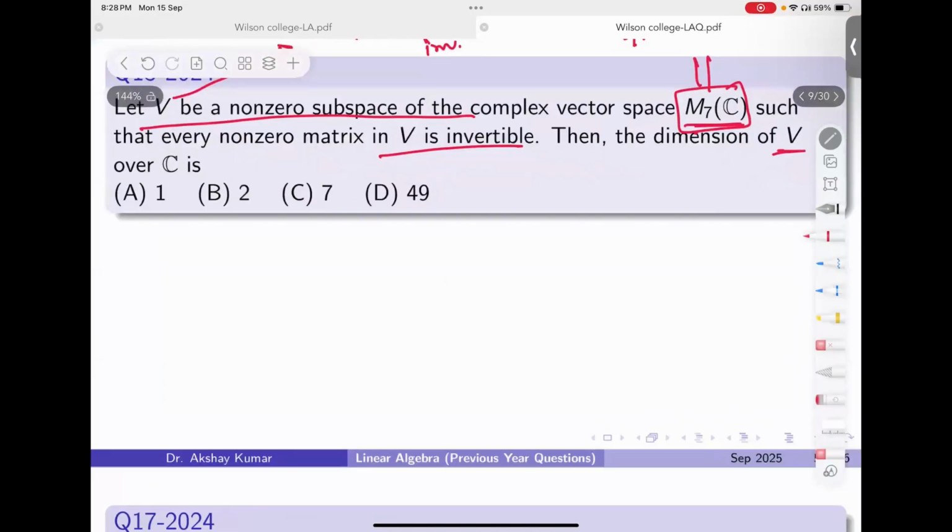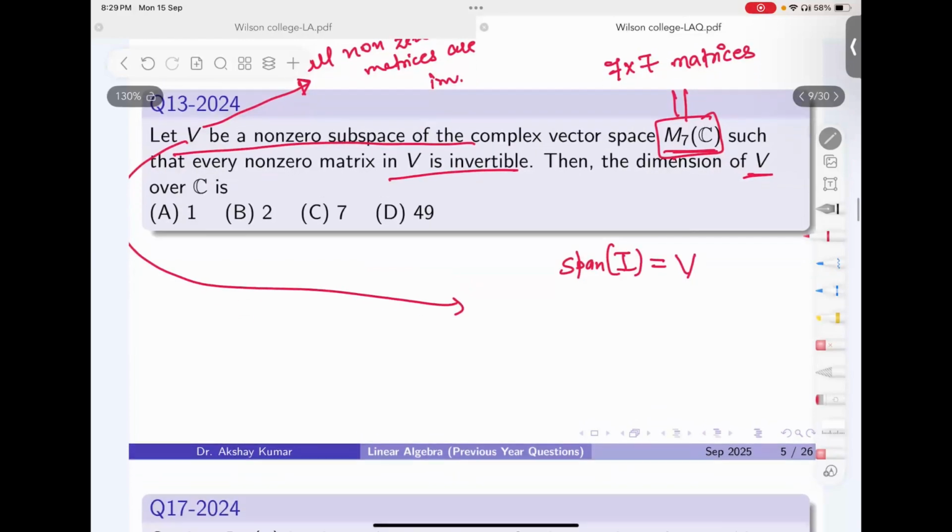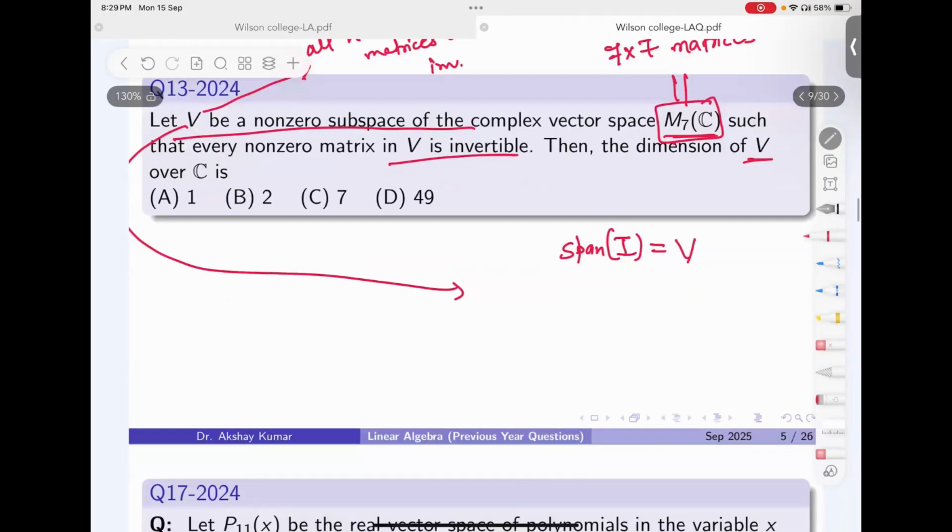The identity matrix is always invertible. So the result is that span of I always equals this V, not the whole vector space, but the space in which all non-zero matrices are invertible.